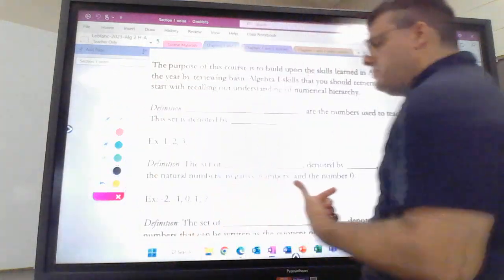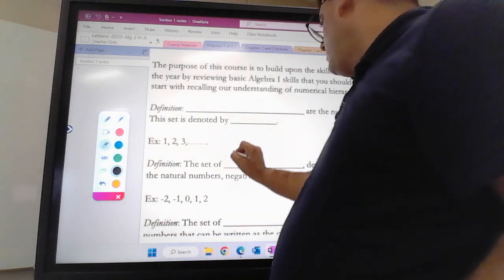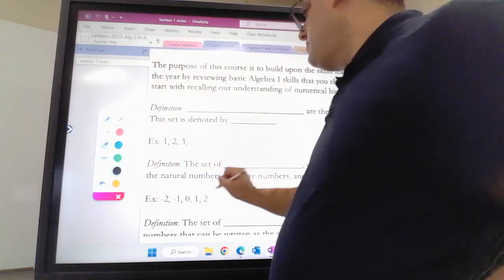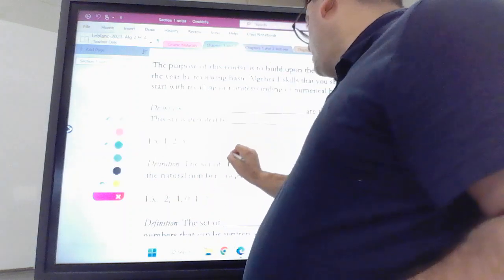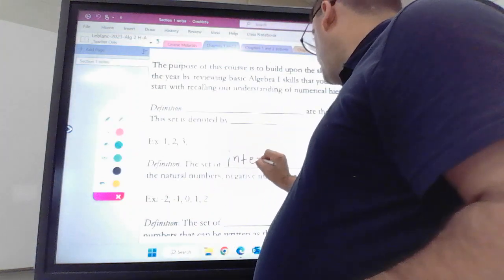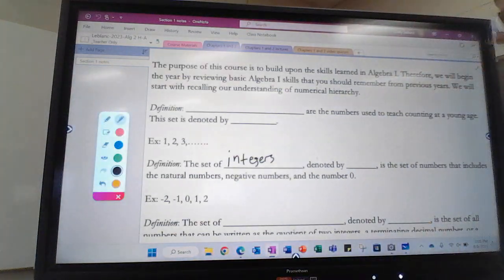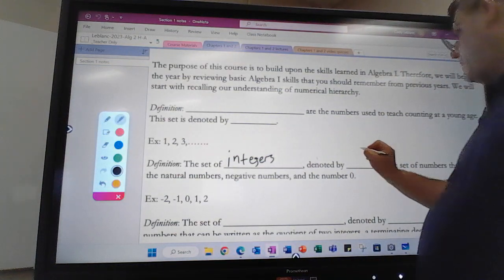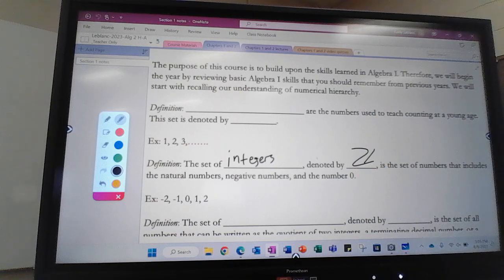then we get into the other types of numbers that we should be familiar with. These are called integers, I-N-T-E-G-E-R-S. And this is denoted by this little double Z here.